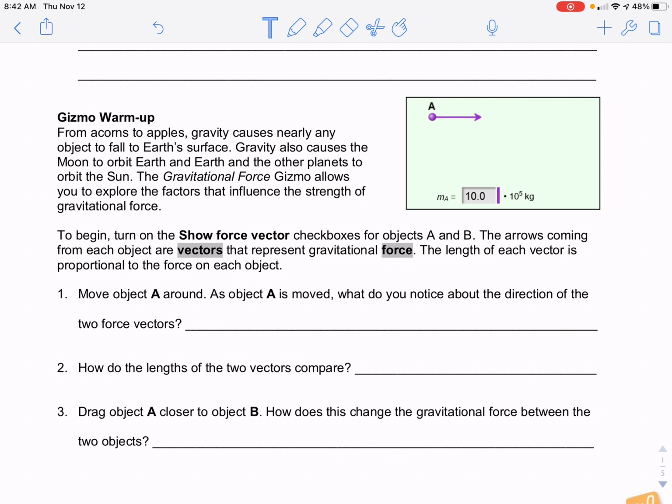We're going to begin by turning on a box called Show Force Vector for objects A and B. You'll see that when you launch the gizmo, object A is on the left side of your screen and object B is on the right side. The arrows coming from each object are vectors, and they represent the gravitational force. The length of each vector is proportional to the force on each object, meaning the longer the vector, the stronger the gravitational force. The shorter the vector, the weaker the gravitational force. Let's take a look.